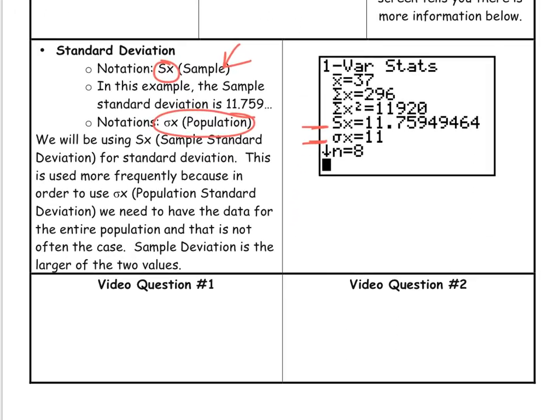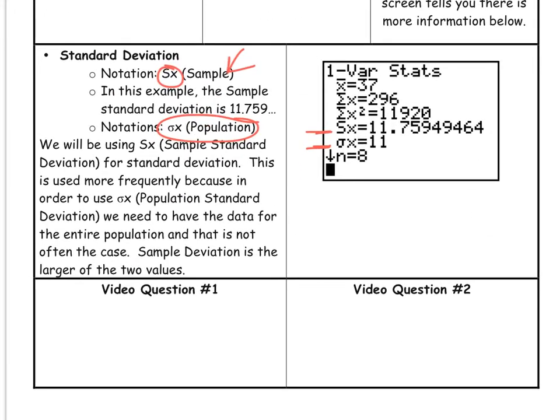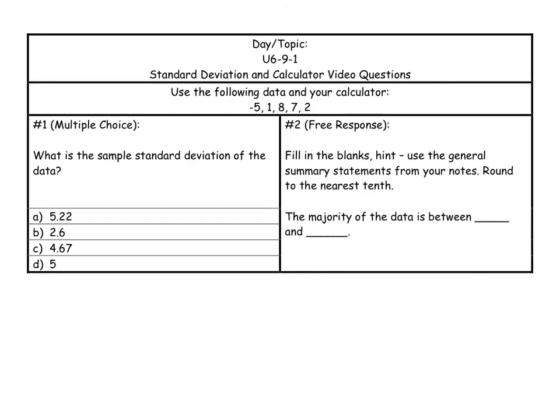So we're going to use this function on the calculator to answer video questions 1 and 2. What is the sample standard deviation for the data? So we are looking for Sx of this set of data right here. Then fill in the blanks, use the general summary statements from your notes, round to the nearest tenth.